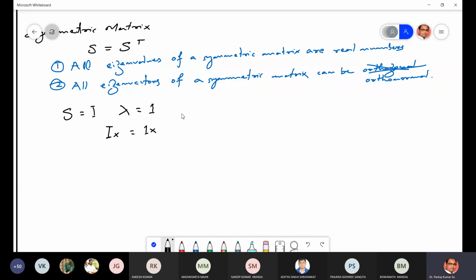So these orthonormal eigenvectors x, we write as q1, q2, and so on.